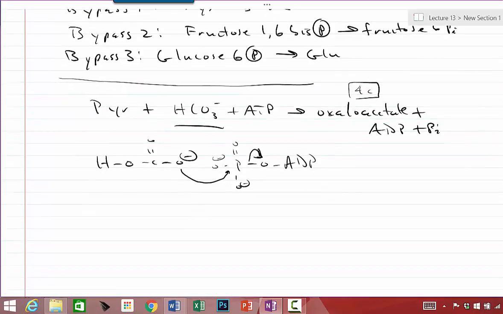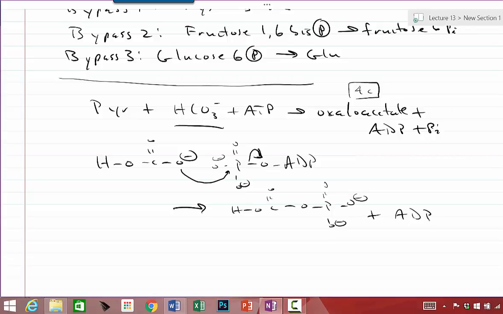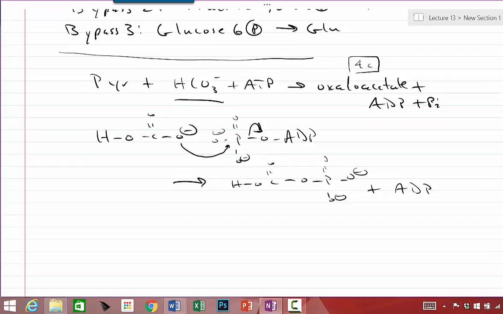Let's go ahead and write that structure. ADP is going to leave. Now this phosphate is a really good leaving group, so that will be used eventually.